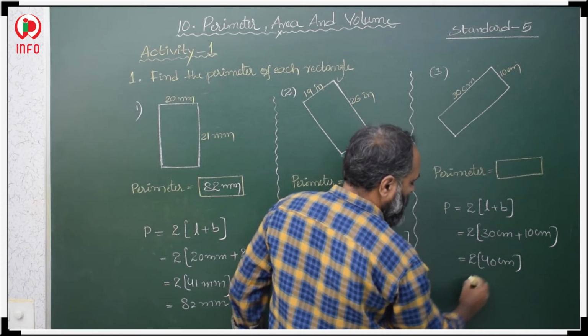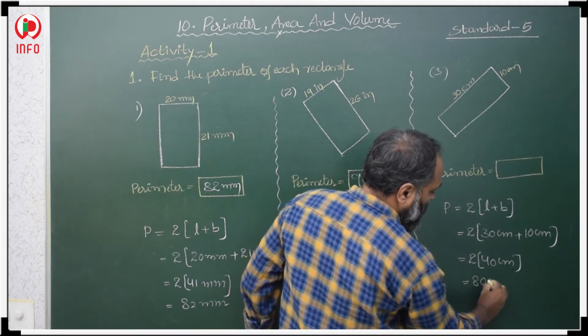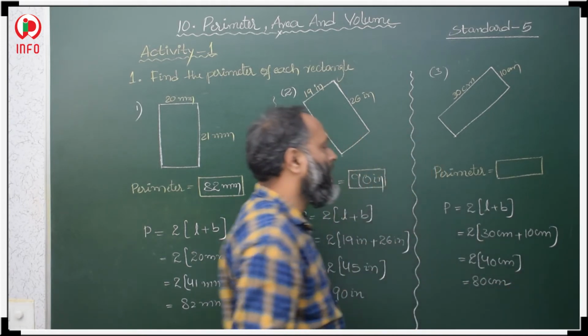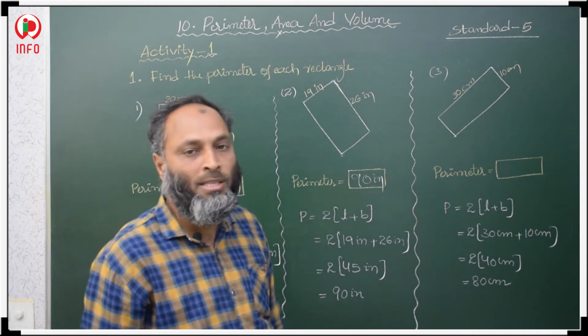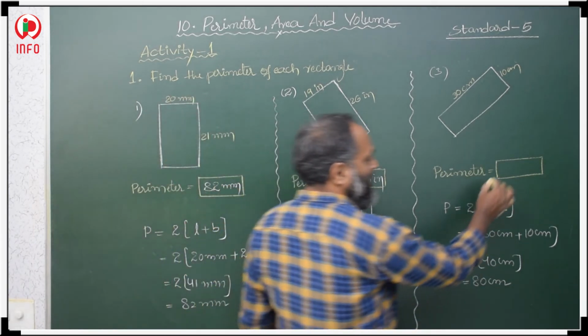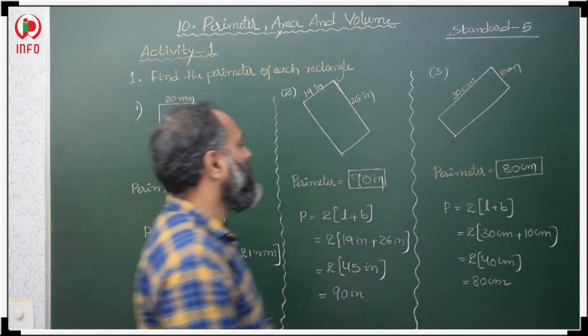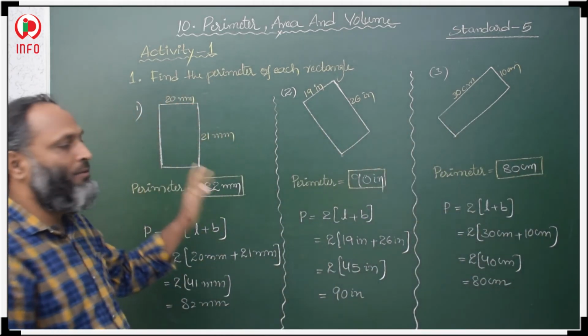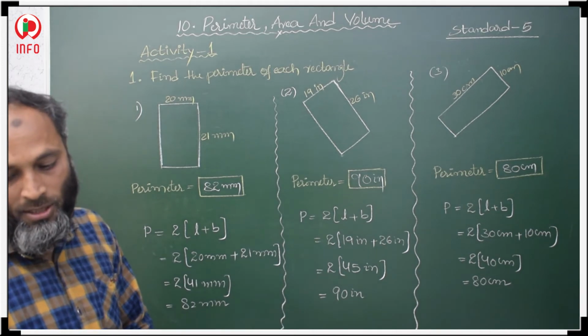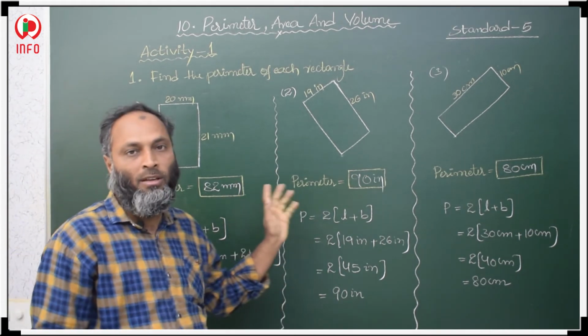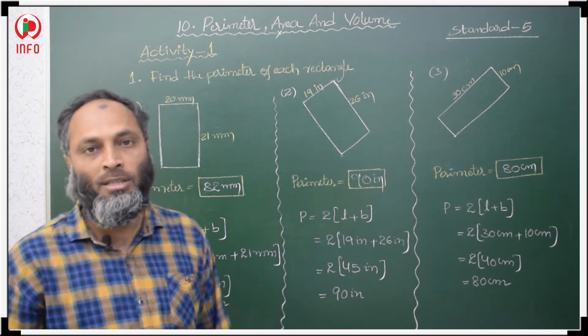Then 2 40s are 80 centimeters. The third rectangle perimeter is 80 centimeters. Okay, these are the perimeters of these three rectangles. 3 more rectangles are given, so do them as your home assignment.